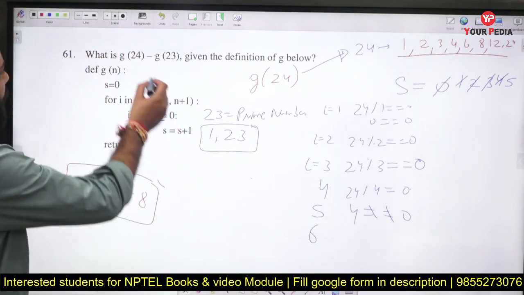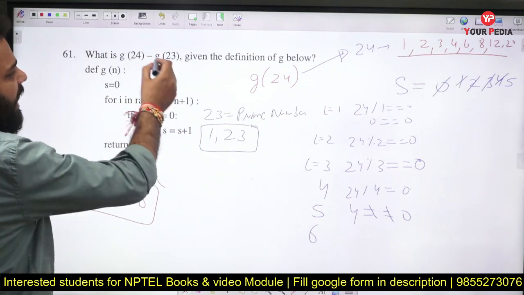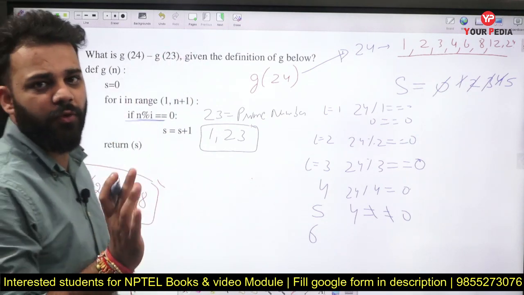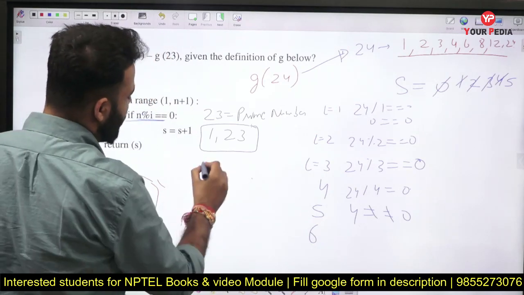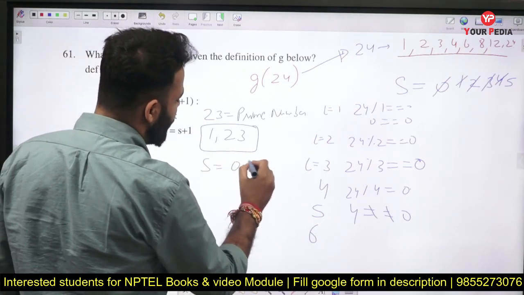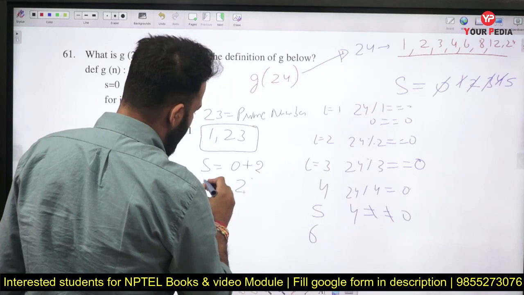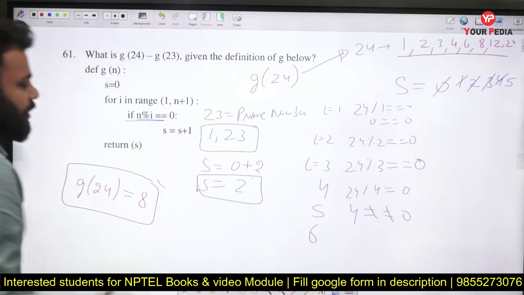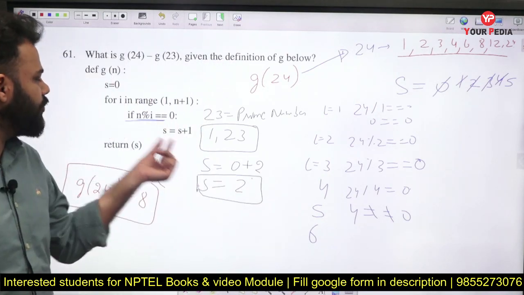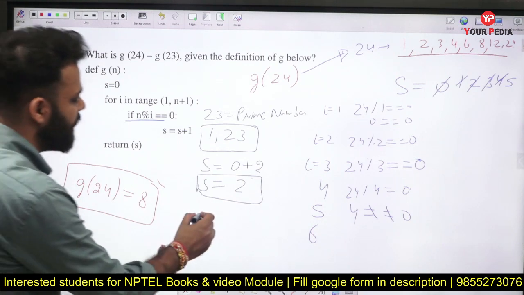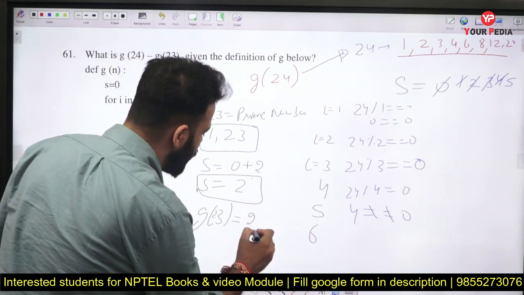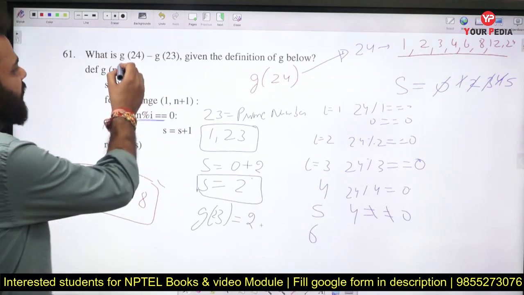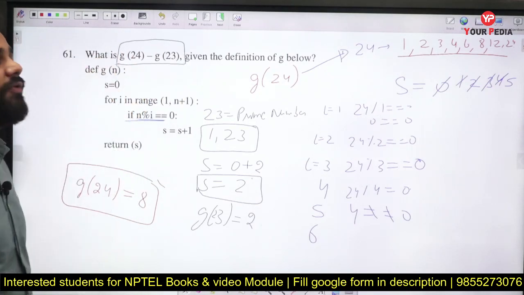So this code will give you the number of divisors, and if it is a prime number, the value of s will be incremented 2 times. So s is equal to 2. Now s is equal to 2 and we return s, so the value of G23 will be equal to 2.